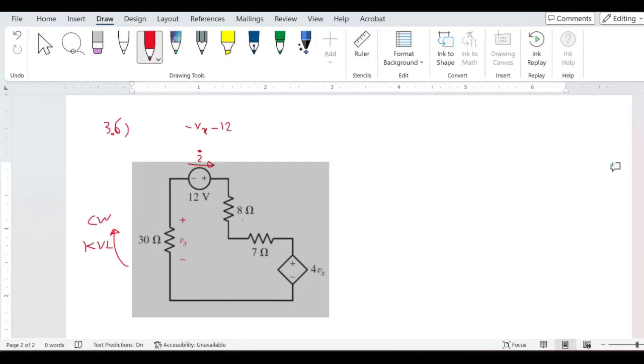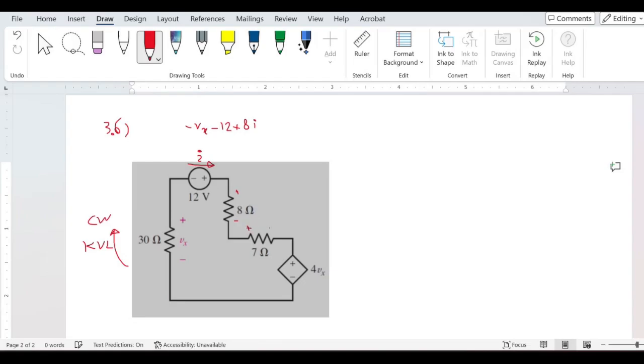For the 8 and 7 ohm, because they're in the same direction of the current, both are going to be positive. So it's going to be positive 8I, right? This is consistent with the direction of the current.